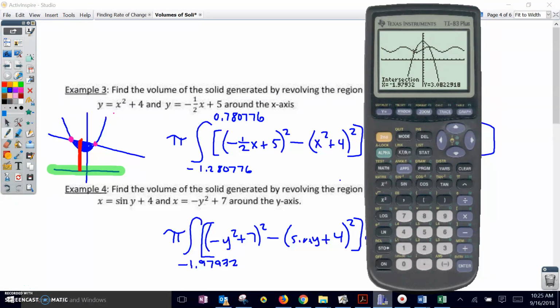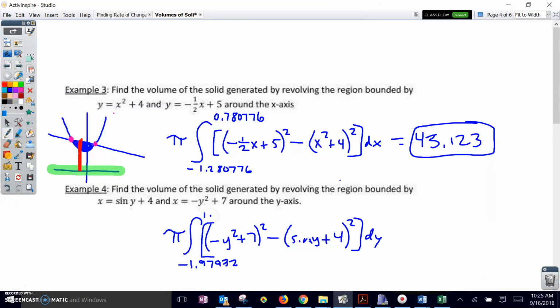And the other intersection point is over here, 1.4183101. And there's my setup that I'm going to use to find the volume of this solid.